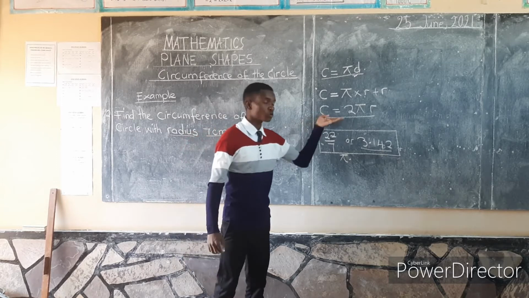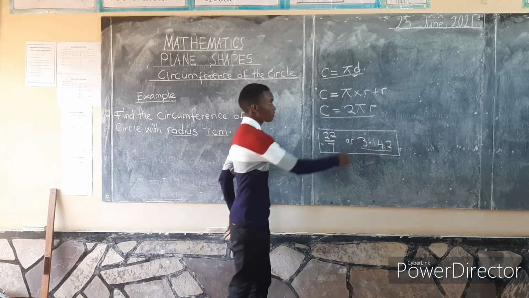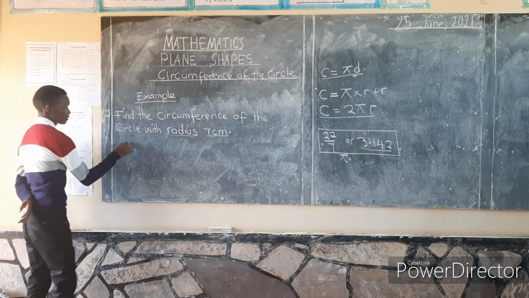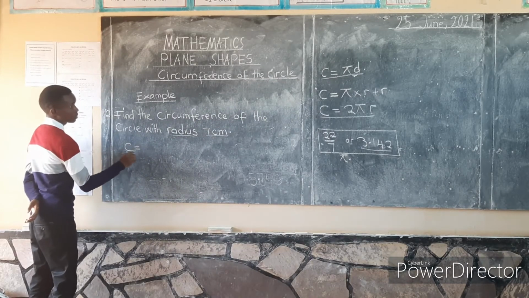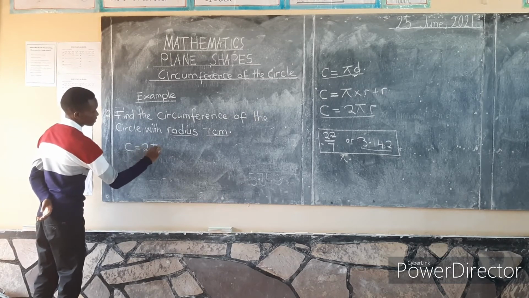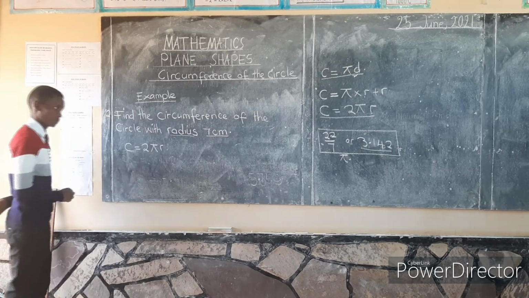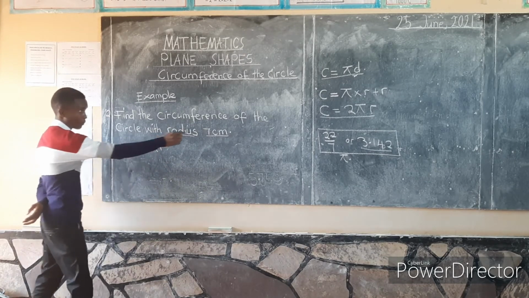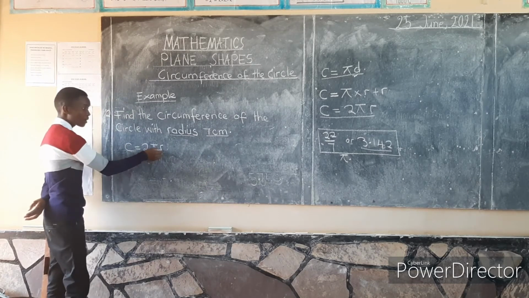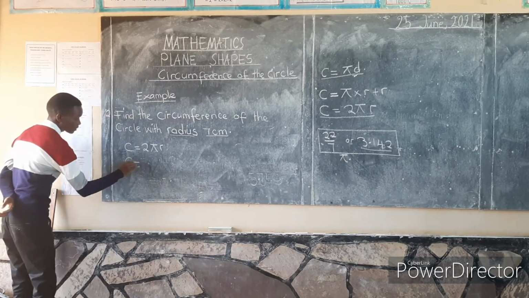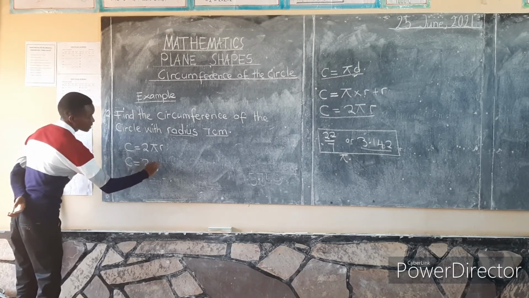Definitely we'll go for this one because it is the one that is having the radius. So I'll say circumference is equal to 2 pi r, where pi, I'll put that number, and r, I'll put the radius.